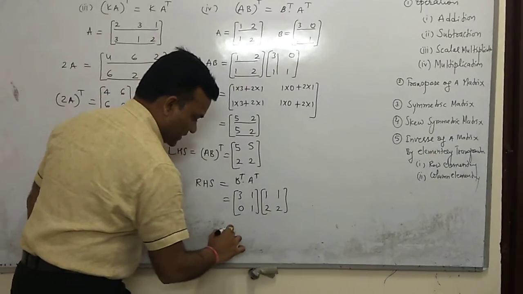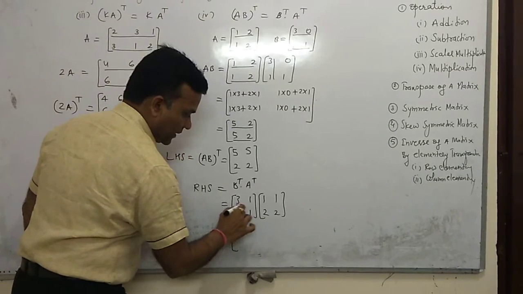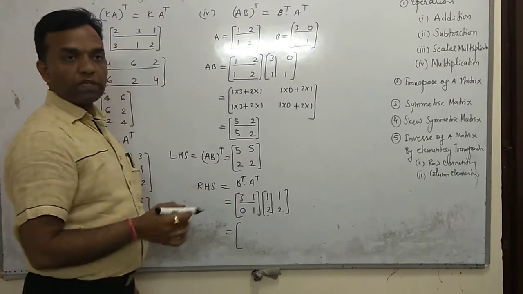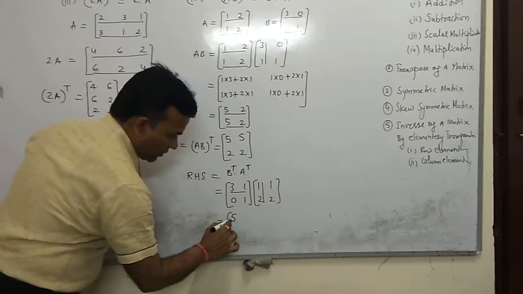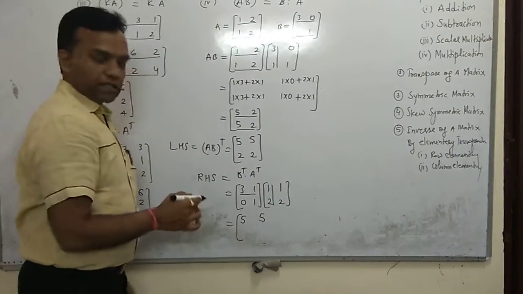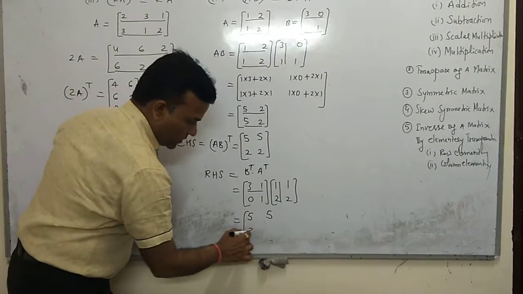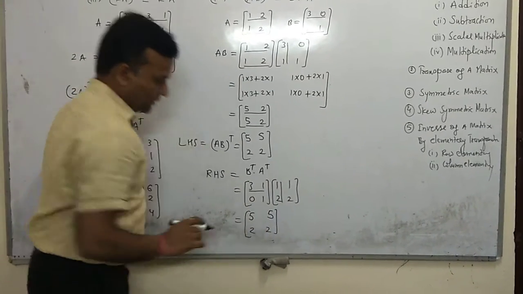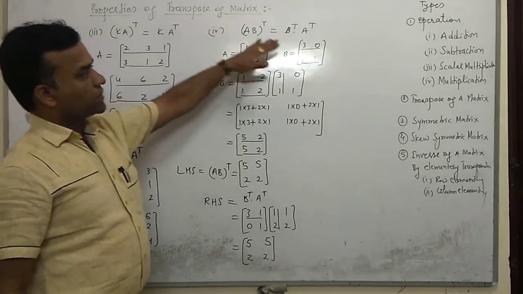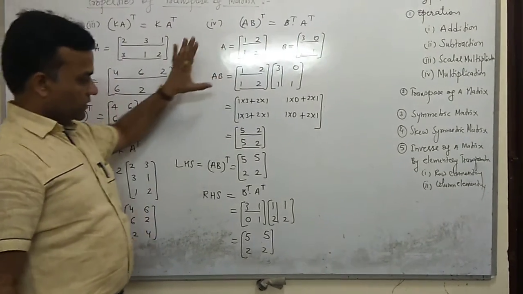And now the same process we will apply again. First row multiplied by this: 3 ones are 3, 1 2s are 2, 3 plus 2 is 5. So again we have 5 here. Similarly you have again 5, 0 into 1 is 0, 1 into 2 is 2, and then 2. Okay, then the 4 properties are over. Here AB whole transpose equals B transpose into A transpose.